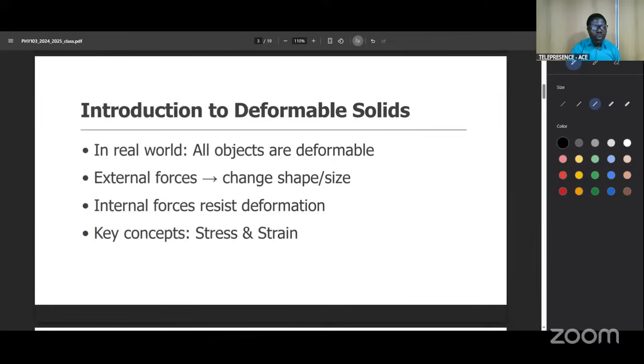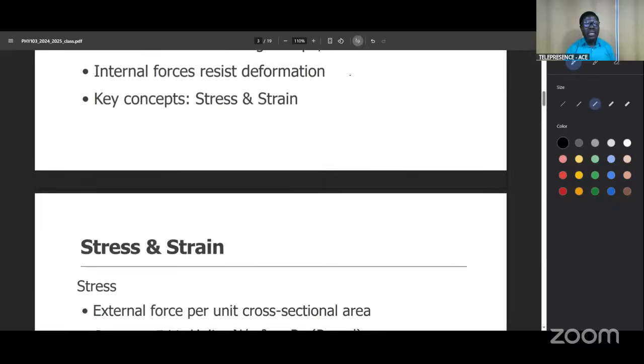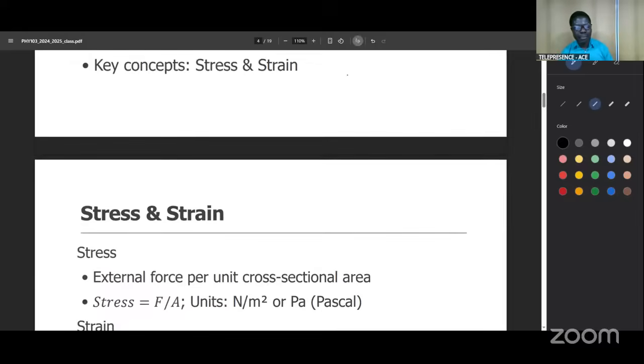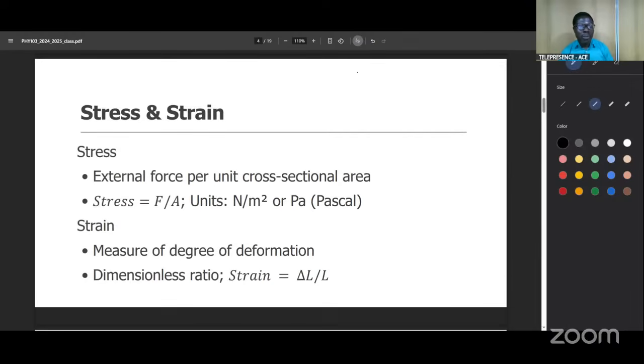We have also talked about the key concepts of stress and strain. Stress is the force per unit cross-sectional area, and it makes us understand how the material responds and how much the material is deformed.